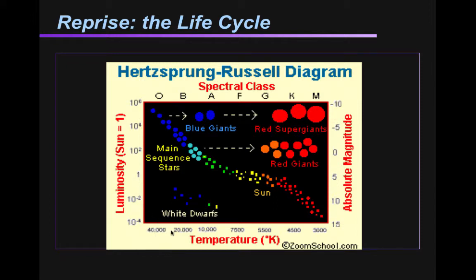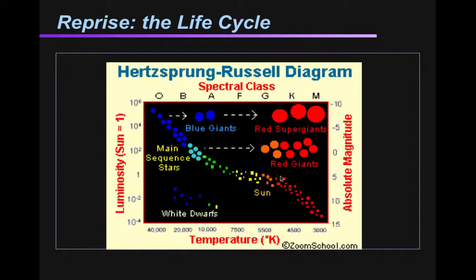You also know temperature, okay? 40,000 degrees to 3,000 degrees. That's a big range. This is super hot. This is super hot too, but it's not 40,000 degrees. So of course these new stars are very hot, and as they cool off, they get less bright and their temperature decreases. And then magnitude or size, how big these stars are.